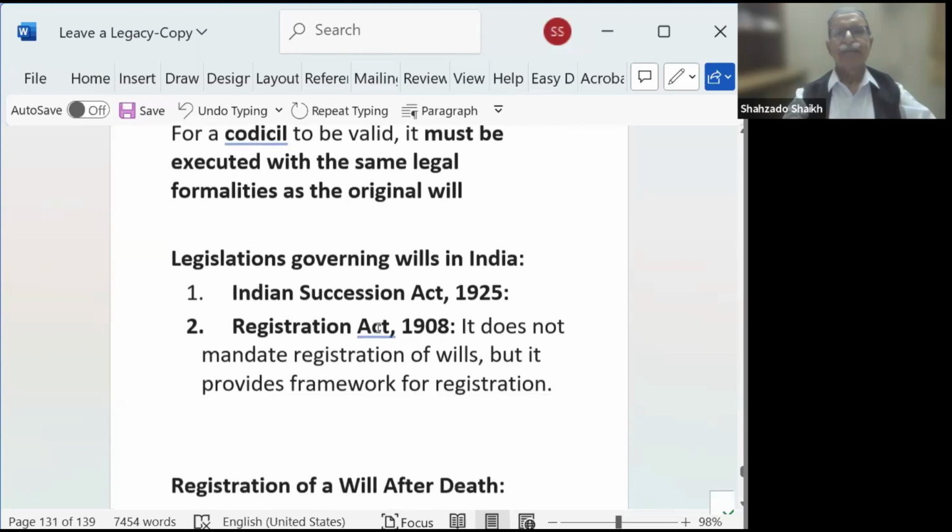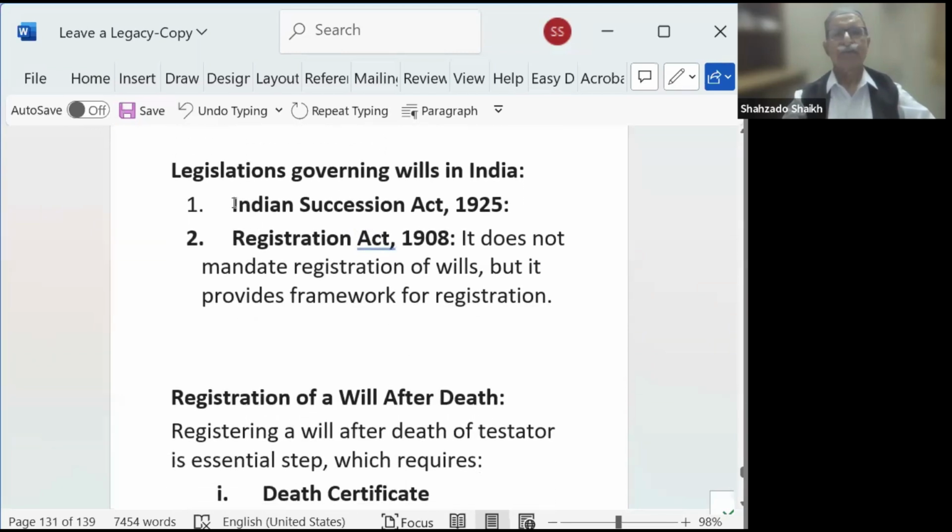Legislations governing wills in India. These are two main documents. For Muslims, it is basically the Succession Act 1913. Actually, the Succession Act 1913 is the starting point of Islamization of law in the Indian subcontinent during the British Raj, during the British time. And it happened because of the movement of Muslim women.